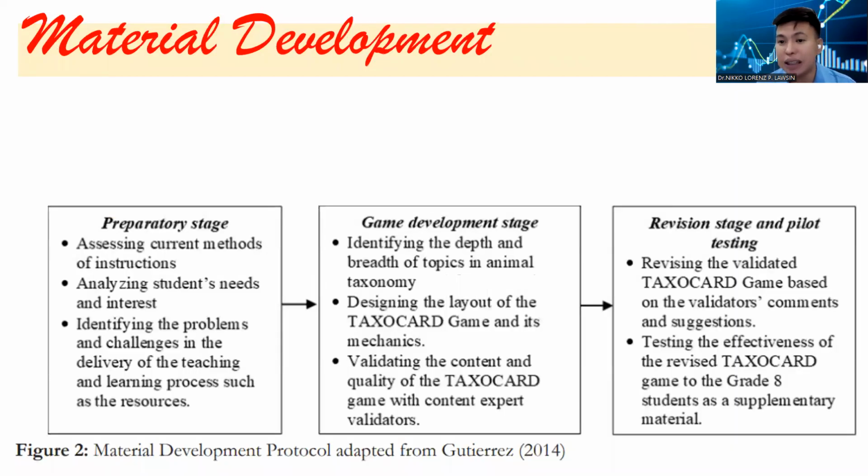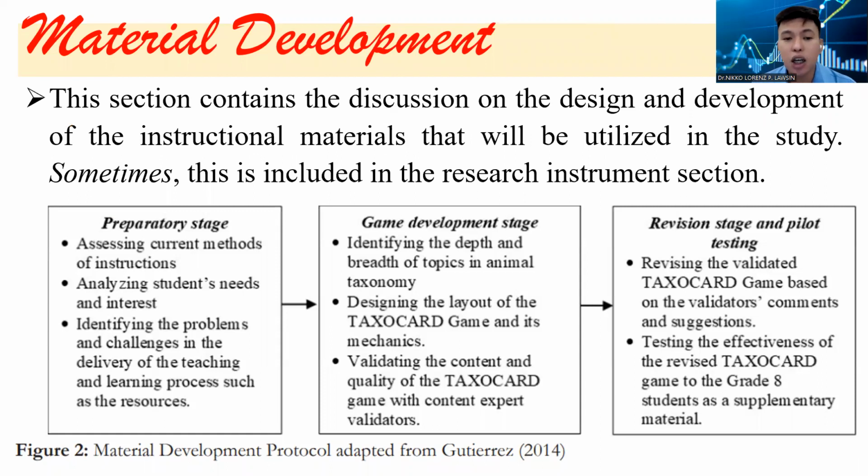So the next phase is material development. This section contains a discussion on the design and development of the instructional materials that will be utilized in the study. Sometimes it's included in the research instrument section, but in most of the strategic intervention material papers, material development is somehow separated from the research instrument because this phase narrates how the instructional materials were designed or developed.